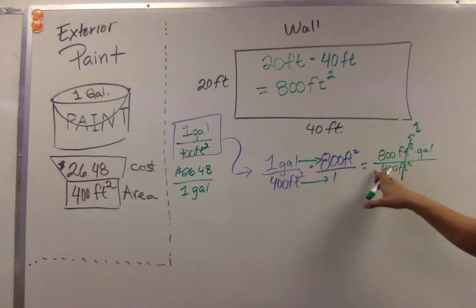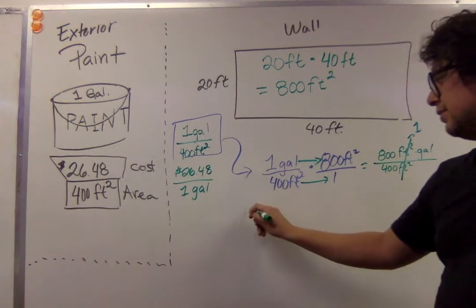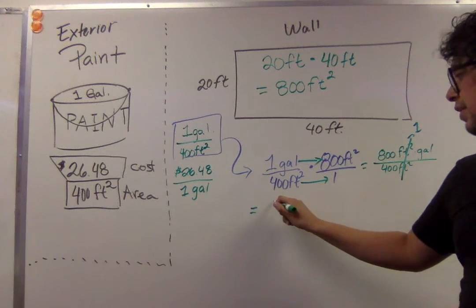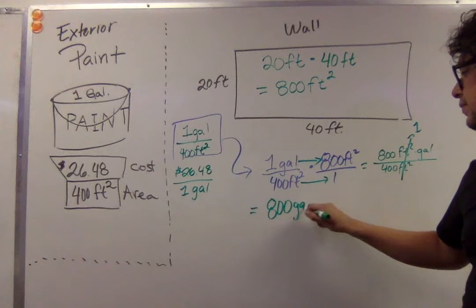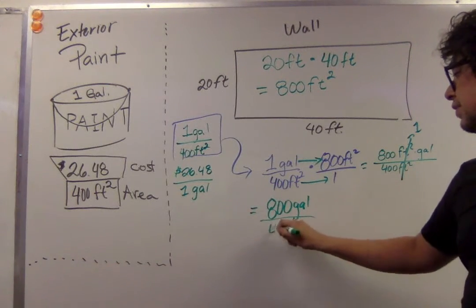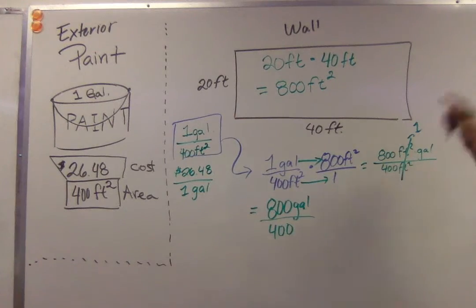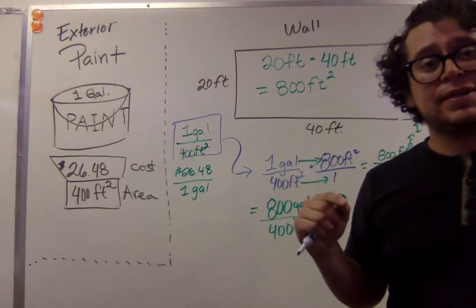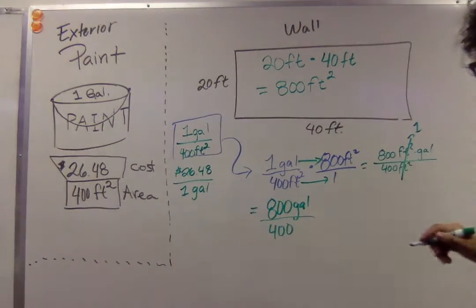And then the last thing I have to do is just divide these two numbers, right? And so let me rewrite it so it makes a little bit more sense. So I would have 800 gallons over 400, just the number, right? The feet became 1. Feet divided by feet is 1. Feet squared divided by feet squared gives you 1, okay?